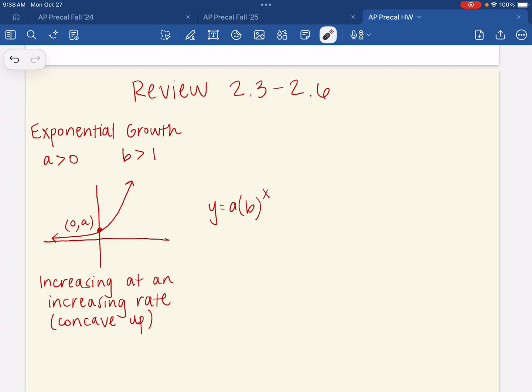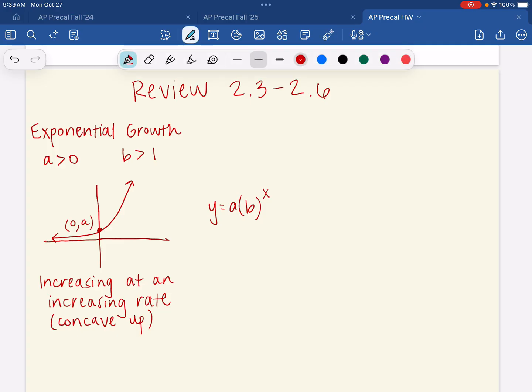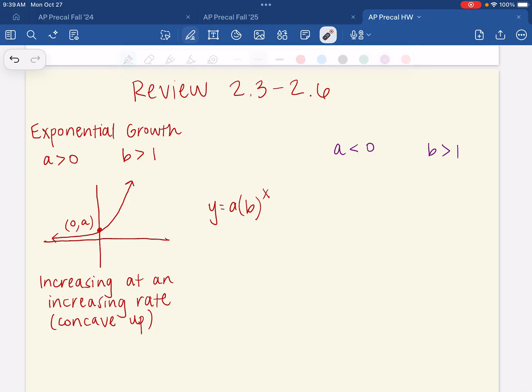Before we talk about decay, let's talk about what happens if I change a and make it less than 0, even though I still want the base to be greater than 1. If I'm making the y-intercept negative and there's no shift in the equation, I'm basically taking this function, and if a is negative, I'm going to reflect it. I'm going to refer to this as reflected growth.